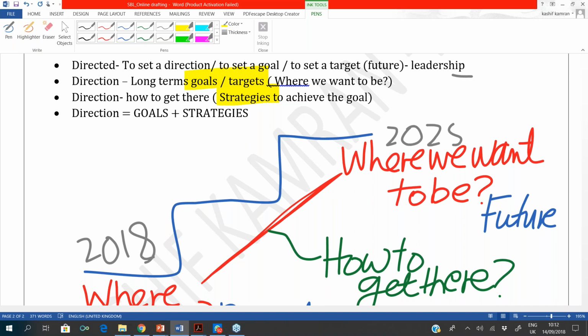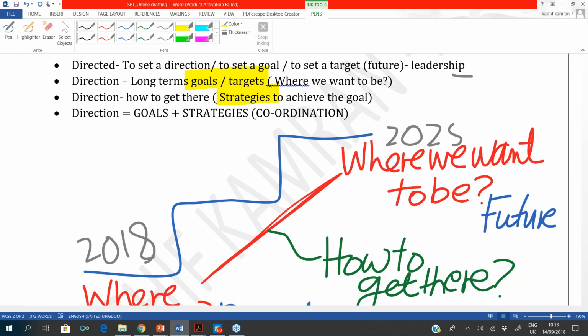How many times it happens in the corporate world that the goal is very good, but the strategies are so bad to achieve them? So there has to be a coordination between both. A right goal with a right strategy will be success for a business, right?